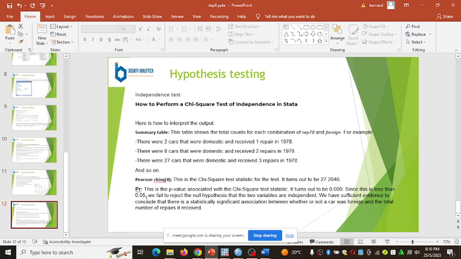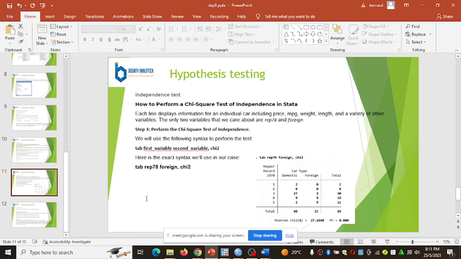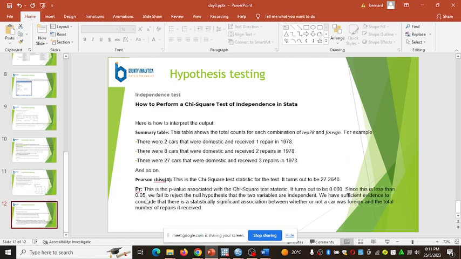So we have sufficient evidence to conclude that there is a statistically significant association between whether or not the car was foreign and the total number of repairs it received. So that is a simple chi-square test of association.